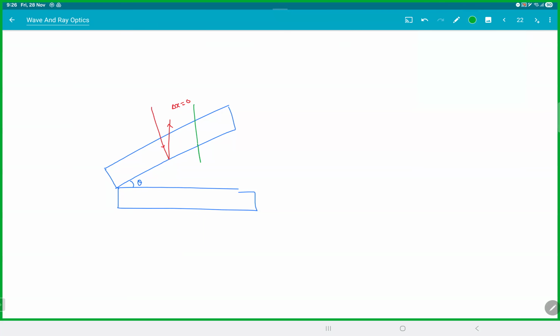But for this guy, this and this will be x tan theta, x tan theta. And because of reflection, we are going from rarer to denser, you get extra lambda by 2. That means the total path difference will be 2x tan theta plus lambda by 2.